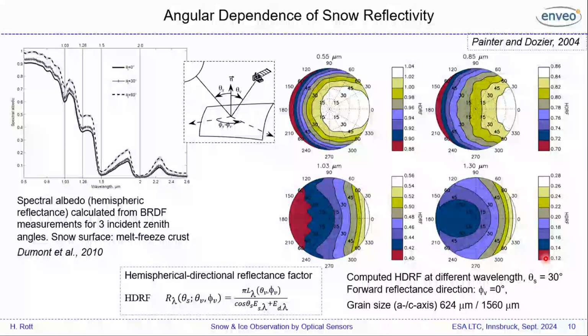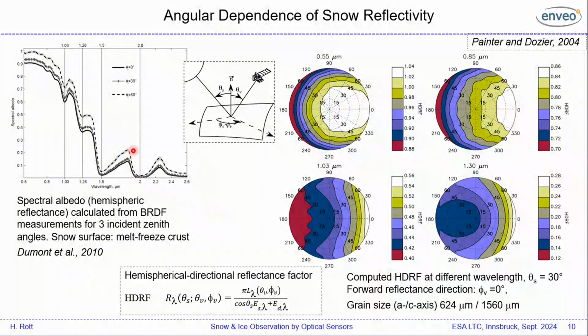For example, here we have a difference between backward and forward which is a factor of 2. It's 2 times higher here, and here maybe it's 15% higher only.